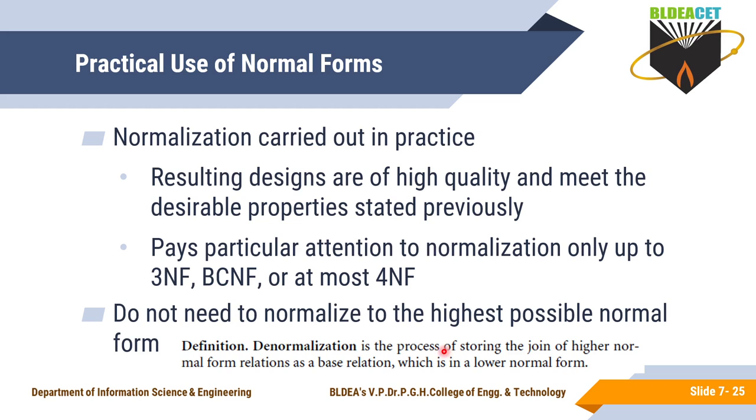If you go for fourth normal form or fifth normal form and then store the join as a base relation, the design is considered to be in a lower normal form. That's why, for any database design, the high quality limit is up to 3NF and BCNF, because if you go to fourth and fifth normal form, it lowers your quality. Why? I'll explain during those normal forms.